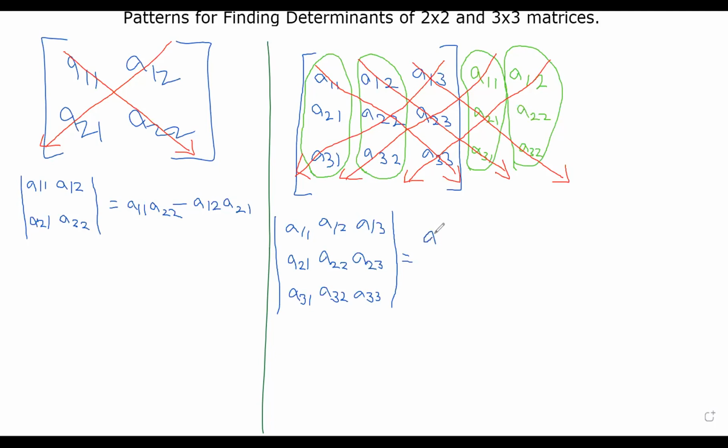So this is A11 A22 A33, the product of those three entries, plus A12 A23 A31, plus the next product, A13 A21 A32.